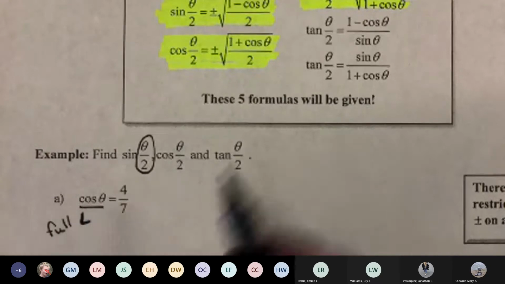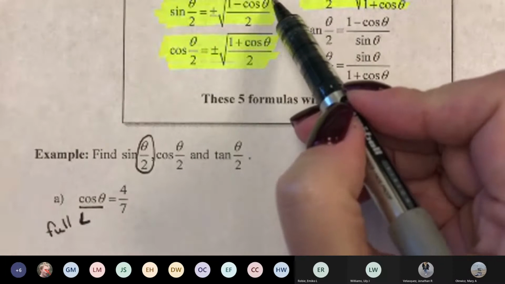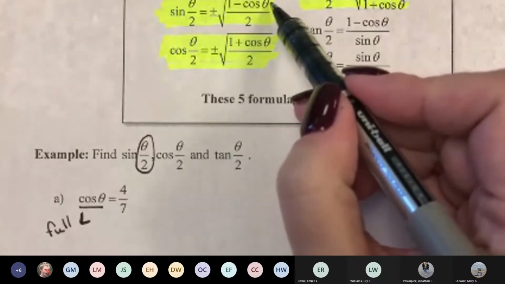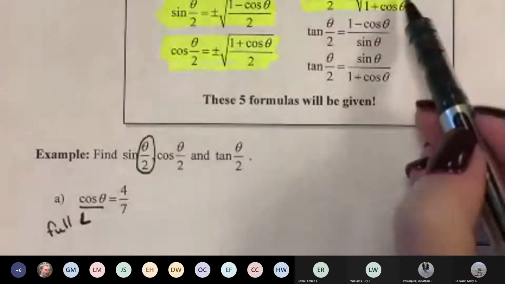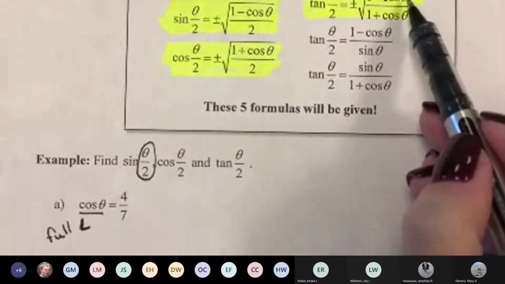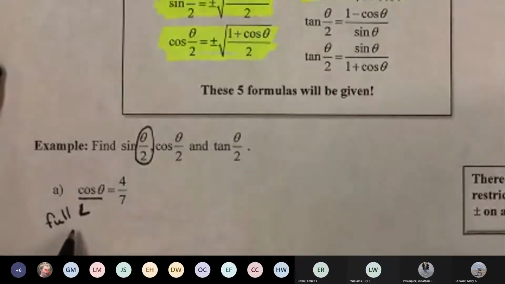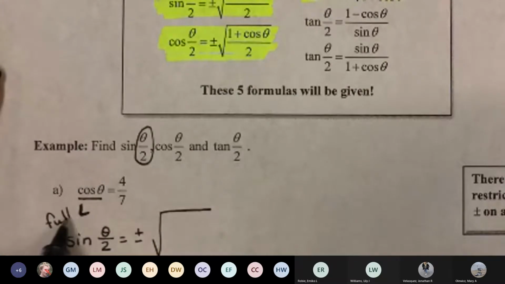But do not let that concern you, because if you look at the formulas that are up above, notice it's cosine of theta, not theta divided by 2. So when we go and we fill these formulas in, even though we're finding sine of theta divided by 2, we're actually going to be using the full angle.